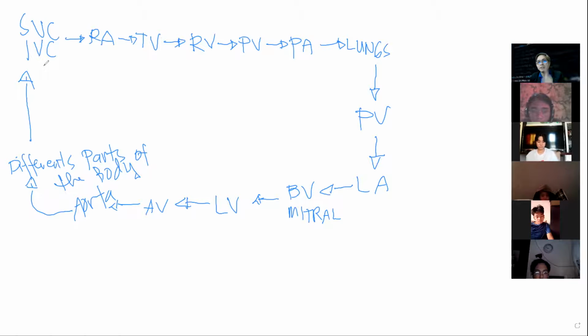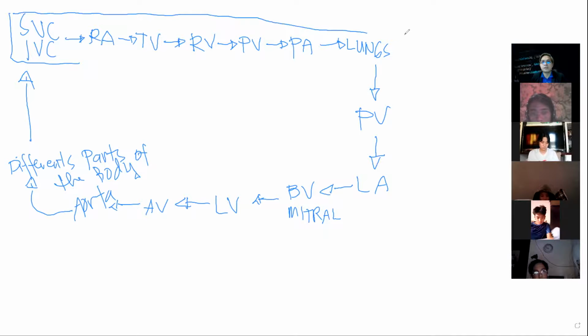Okay. We have simultaneous circulation here. If you're going to observe from here, okay, pakitunta mo ha. If you're going to observe from here, and here.